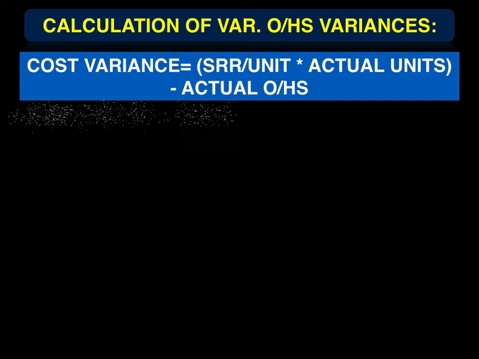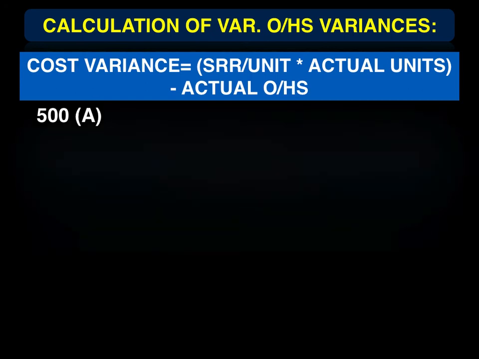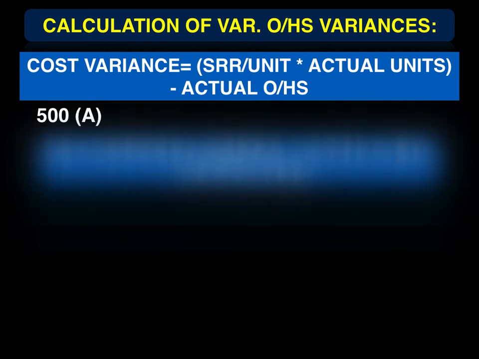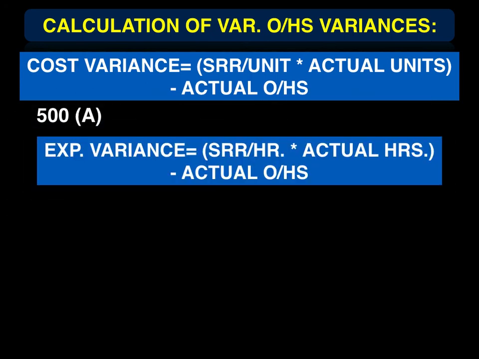If we calculate that, it will be 500 negative, meaning adverse. Expenditure variance: SRR per hour multiplied by actual hours minus actual overheads. So 1.3 SRR per hour multiplied by actual hours 4,500 minus actual overheads 7,000. If we calculate that, it is 1,150 negative, that is adverse.